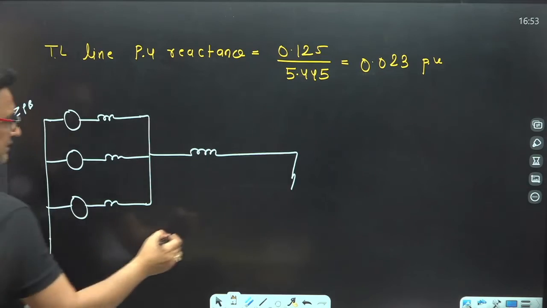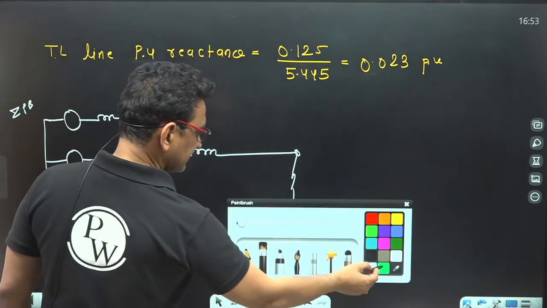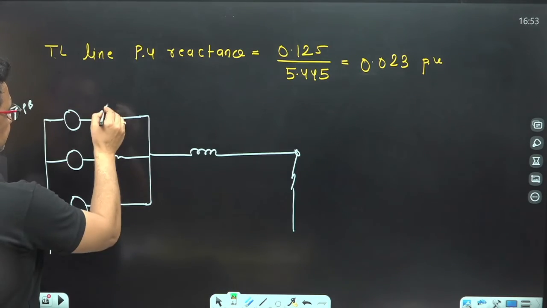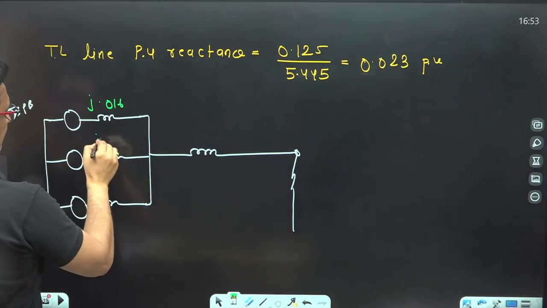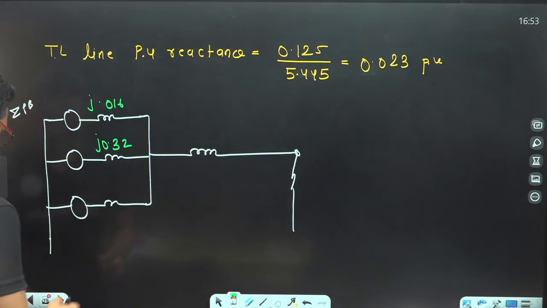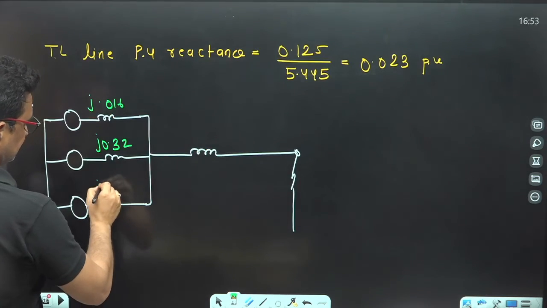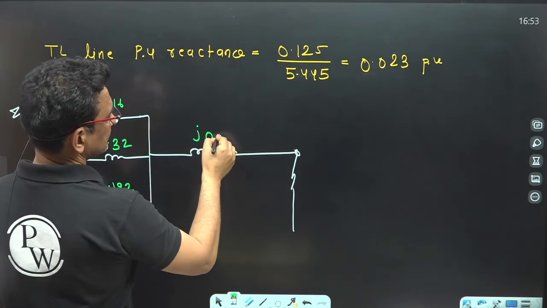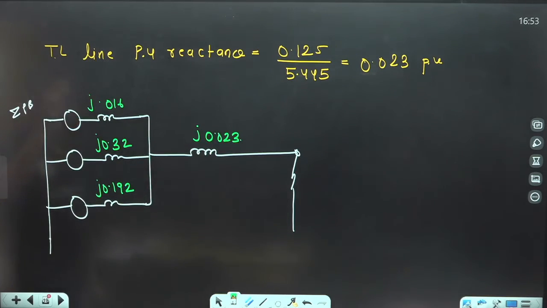Find out the reactance between the fault point and the zero potential bus. 0.16, 0.32, 0.192, and this is 0.023. So these are in parallel.